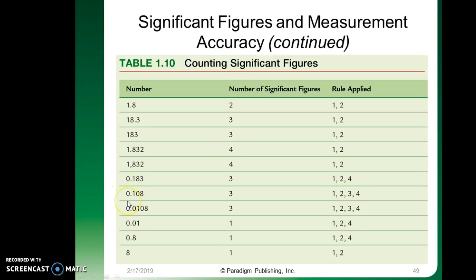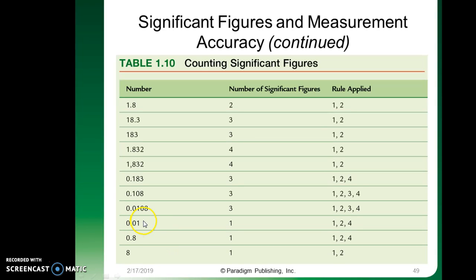For example now, this zero is used as a placeholder. And then the 1 would be our first significant figure, so that's why there's only 3 here. And for the next one, 0.01, these first two zeros are not considered significant, because remember, the first non-zero number is considered the first significant one.